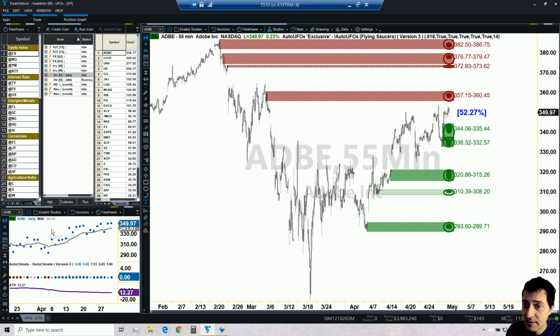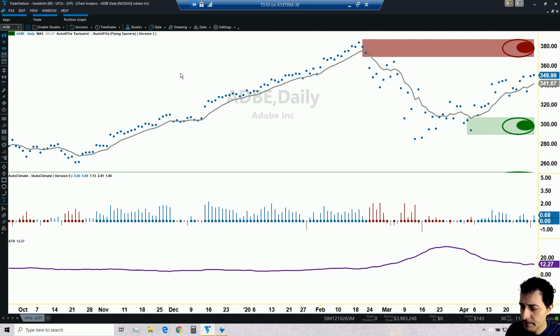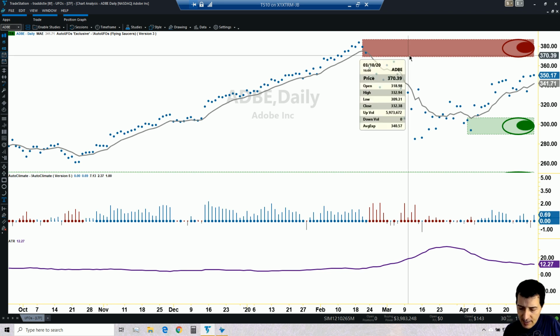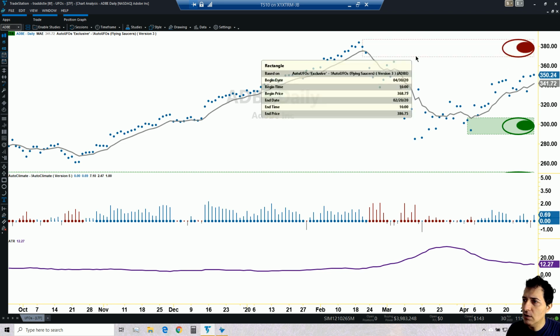Okay, so let's talk about that. Where is the next target? I'm going to activate AutoUFOs on the daily time frame of Adobe and see where that next target would be, which, as you can see, would be located at that red UFO. Let me click and hold to find the values.